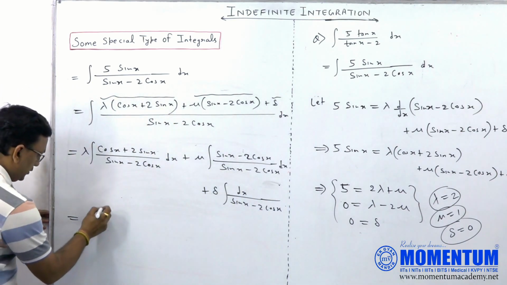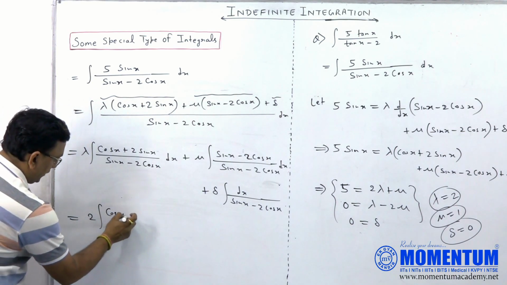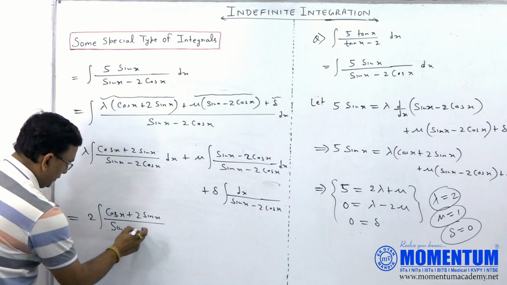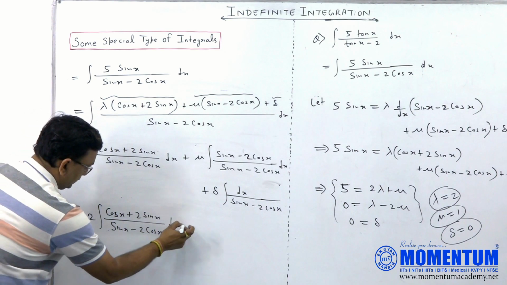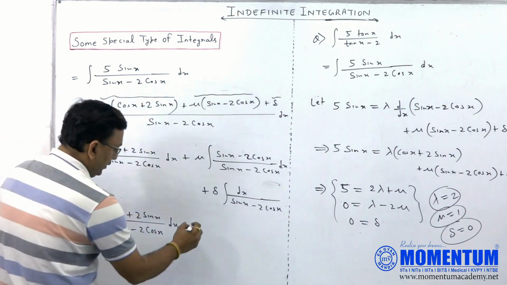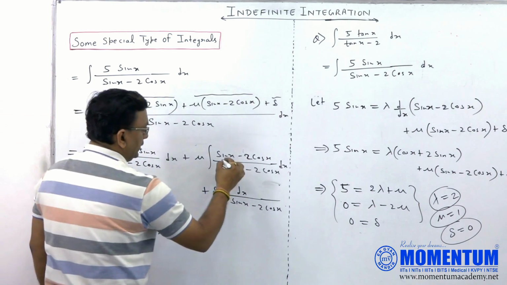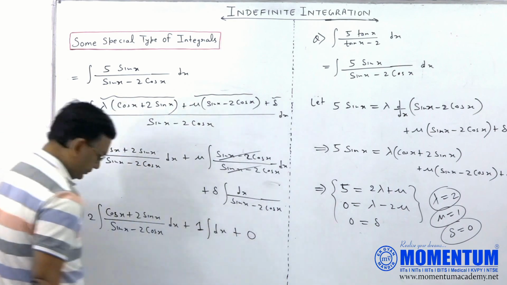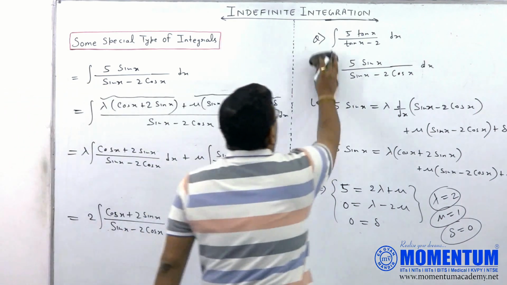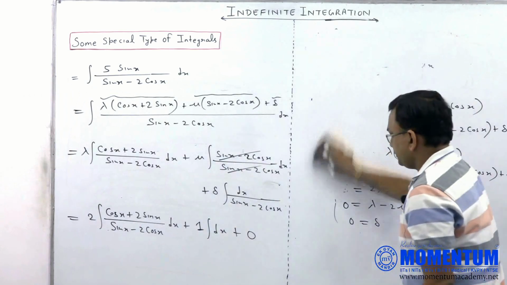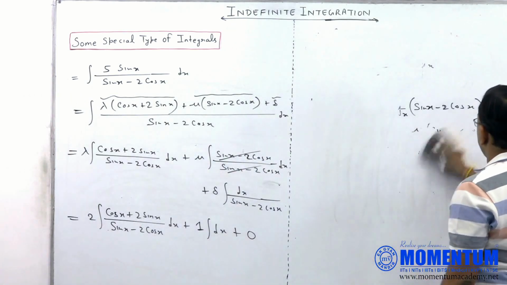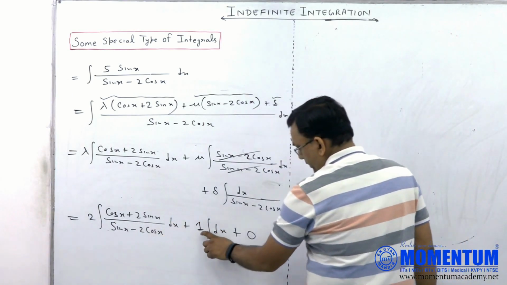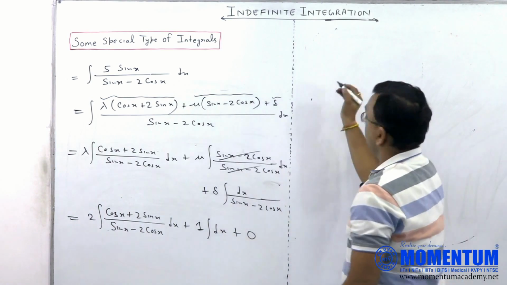Now I am putting the values of lambda, mu and delta. Lambda is 2, so 2 times integration of cos plus 2 sin divided by sin minus 2 cos. Clear? Mu's value is 1, so those cancel and we get integration of dx, and delta's value is 0. So now we have 3 integrals: the first is cos plus 2 sin divided by sin minus 2 cos, the second is only integration of dx, and the third is 0.